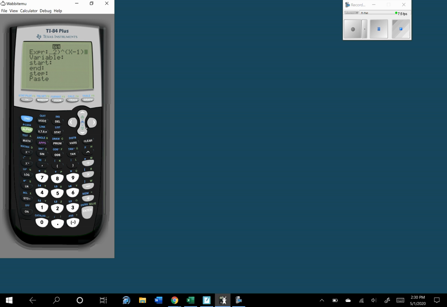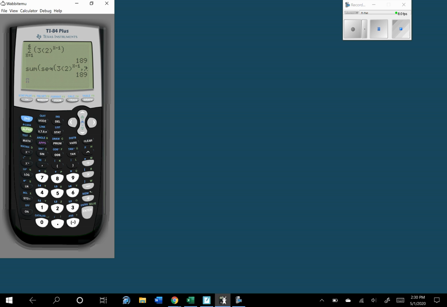The variable we're using is x. The starting term is 1, the ending term is 6, and it's going to paste that in for us. If you have an even older calculator, you'd have to write this yourself. You always write the expression, the comma, which is above the 7, the variable, comma, start term, comma, end term. Then I can hit enter, and it also gives me 189. So just different ways of doing that.